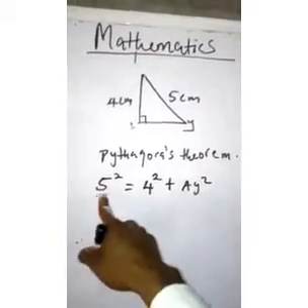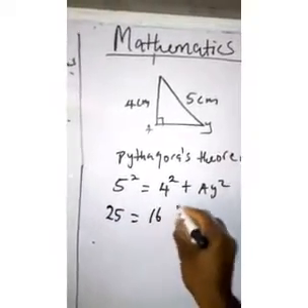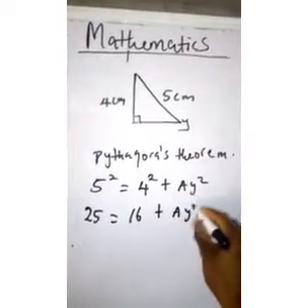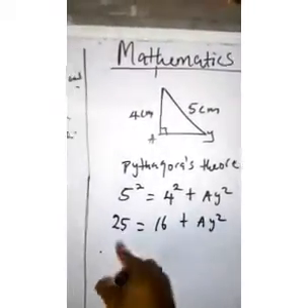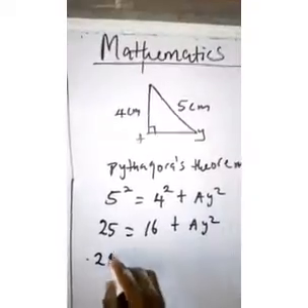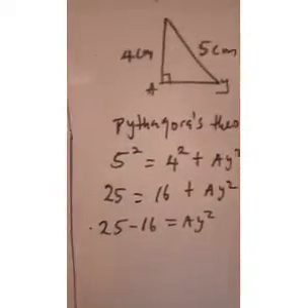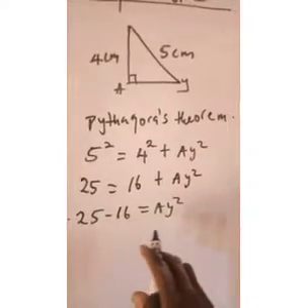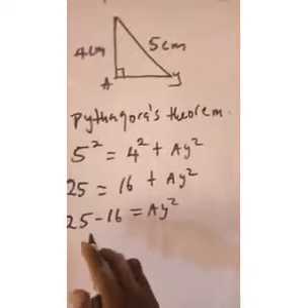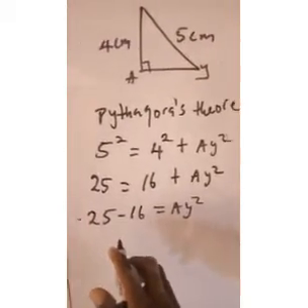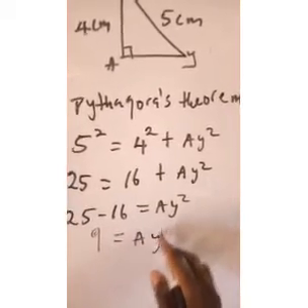Now look at what happens. 5 square will give us 25, equal to 4 square, which is 16, plus AY squared. According to linear equation, draw 16 over to this side. It becomes 25 minus 16 equals AY squared. 25 minus 16 gives us 9, which is equal to AY squared.